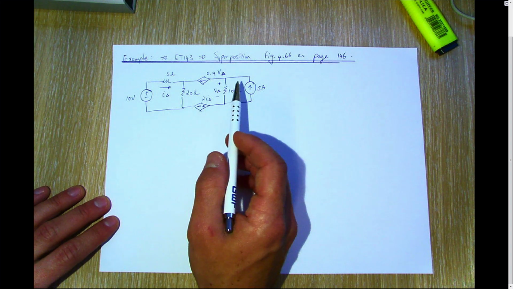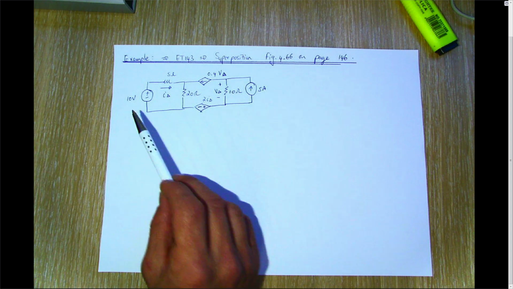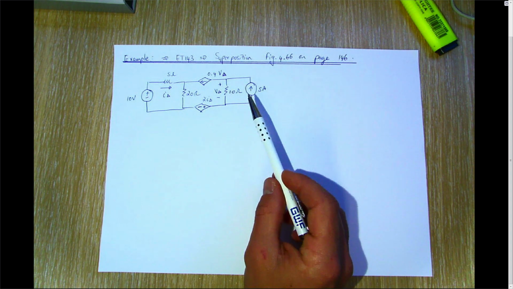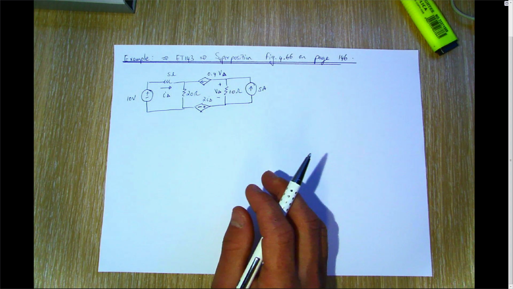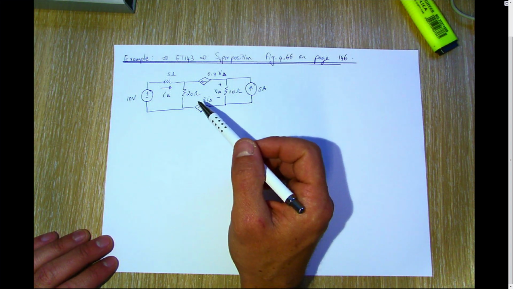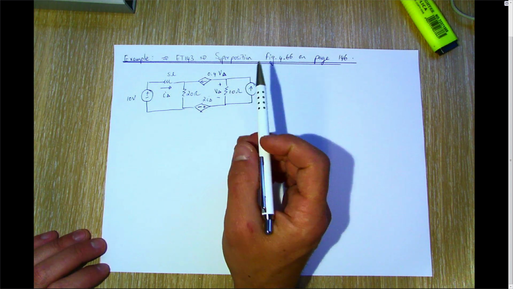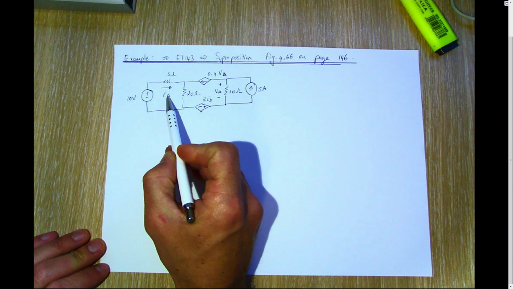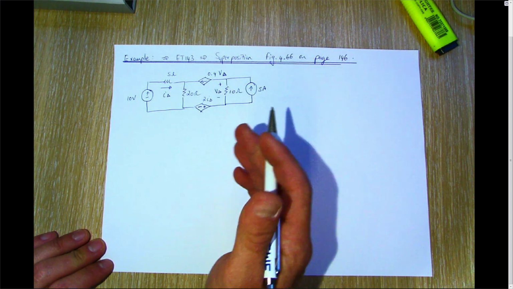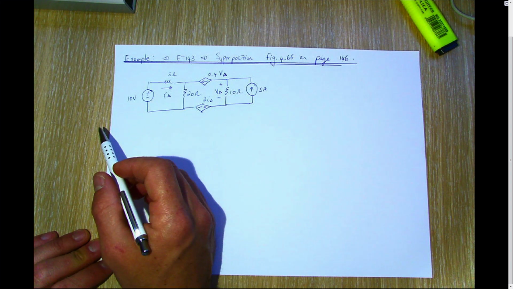Superposition allows me to consider the effect of one of the independent sources at a time by deactivating the others. But what are we going to do with the dependent sources? The key is to just leave them as is. And then you need to consider them. That is, you need to also consider their controlling currents and voltages at each step of the superposition process, so that's when you treat each of the individual independent sources.